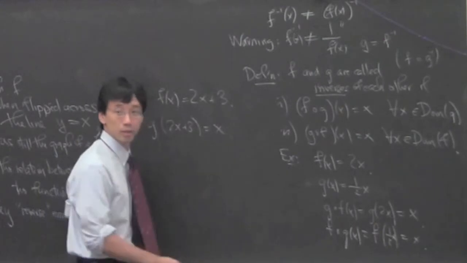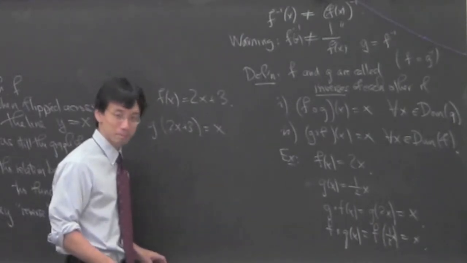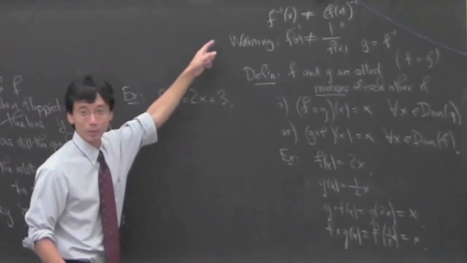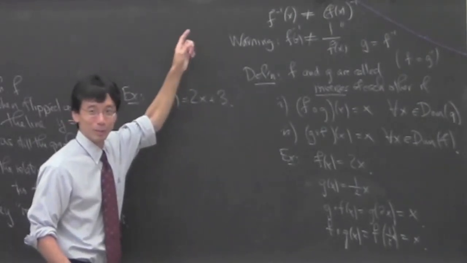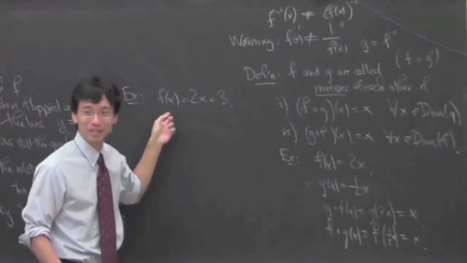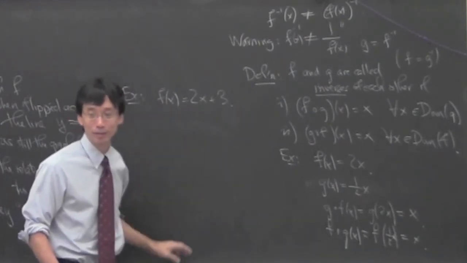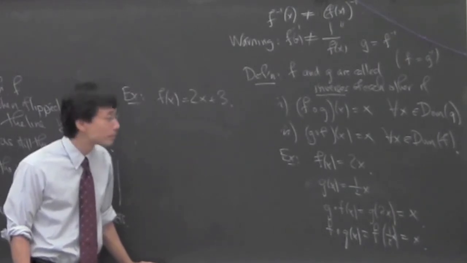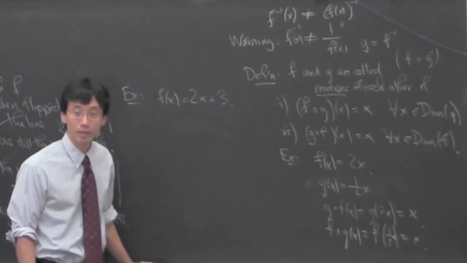So you always just put a 1 over whatever the 2x is? Are you asking if it's the reciprocal again? It's not the reciprocal. Let's say it was f of x equals 3x. Would it then be 1 over 3x?